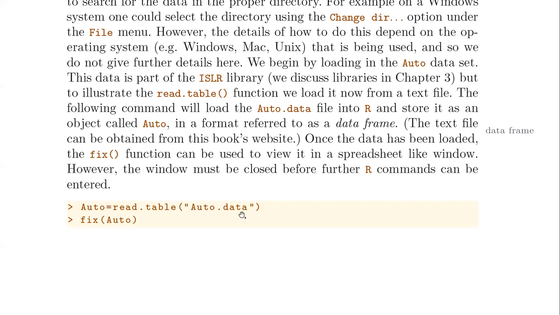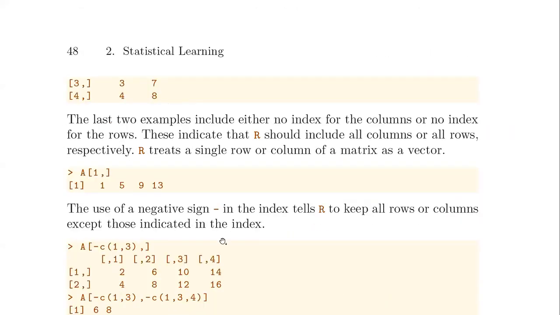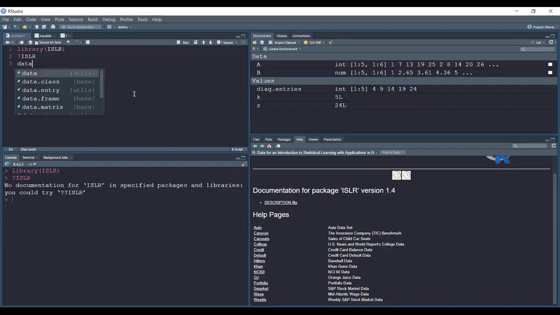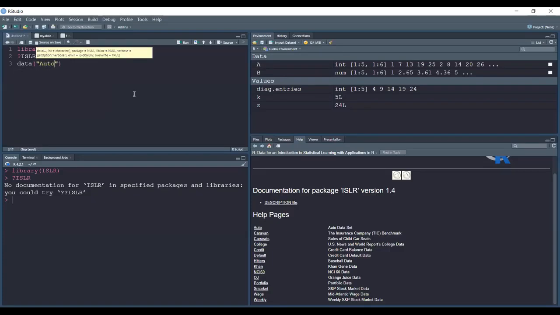And notice they haven't specified the entire file path, for the simple reason that they've probably already specified where this data is saved. We'll just load it like this. Data, auto, let's save it as something, let's save it as auto.